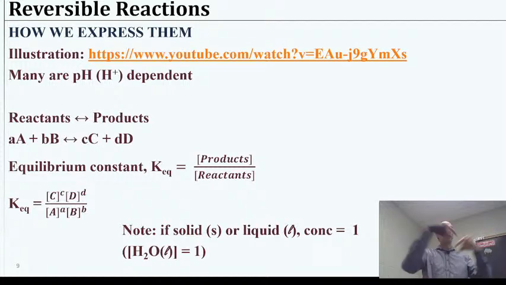Right, so just a little analogy to say, yeah, here we go. It's this much water going across. The rate has stabilized and equalized.